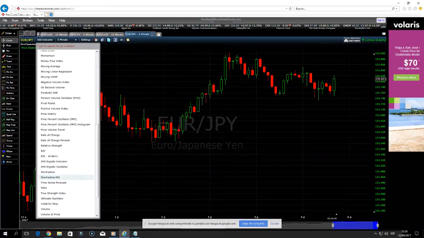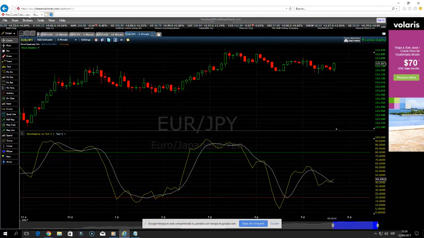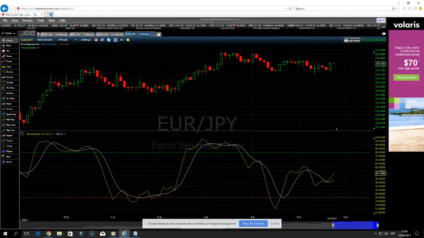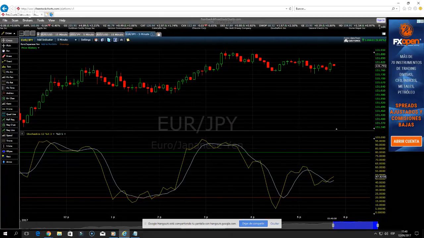This one, not the RSI, this one, stochastics. And this is freestockcharts.com, by the way. Once you've added it, you'll be able to see one green line and one red line. Those lines are gonna be telling us exactly when to enter the trade.